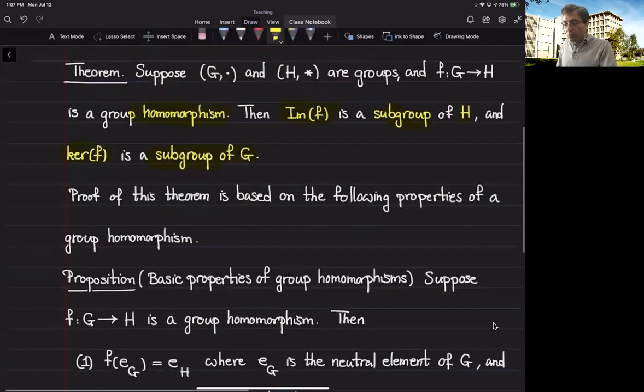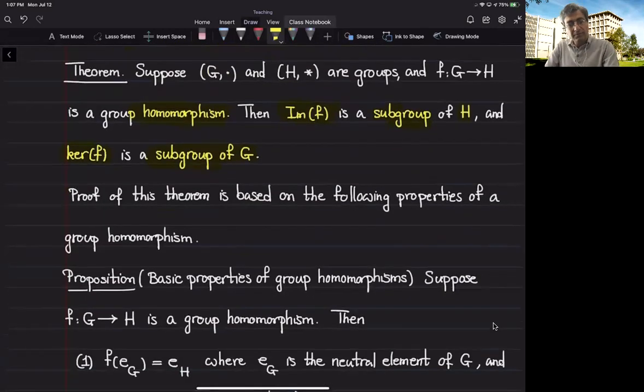In order to prove this theorem, I need to review or show some basic properties of group homomorphisms. What do we know about group homomorphisms? So far, we just know by definition that they preserve group operations. But in a group, we have two other operations as well. One of them is a constant operation, that is the neutral element.